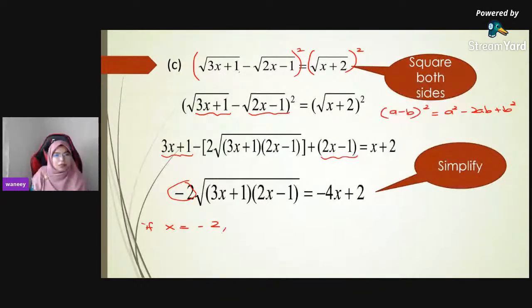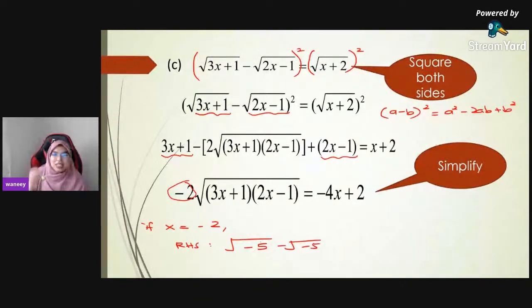Now on the right hand side, I will have the square root of 3 times negative 2, so negative 6 plus 1, negative 5, minus square root of 2 times negative 2, negative 4, negative 5 as well.